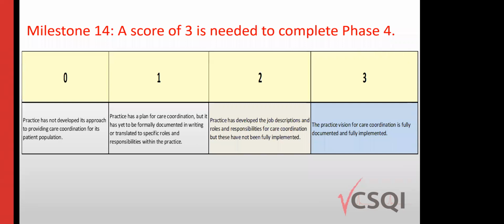A score of a 3 would indicate that the practice has a vision for care coordination and is fully documented and fully implemented. And this is typical in many primary care practices where the physician knows the outcomes they would like to achieve. They know the goals that they're trying to reach.